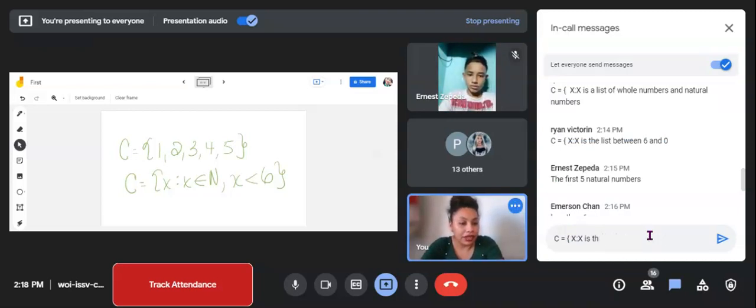I have that C is equal to curly brackets X, the colon, X is a natural number less than 6, and then I close my curly brackets.